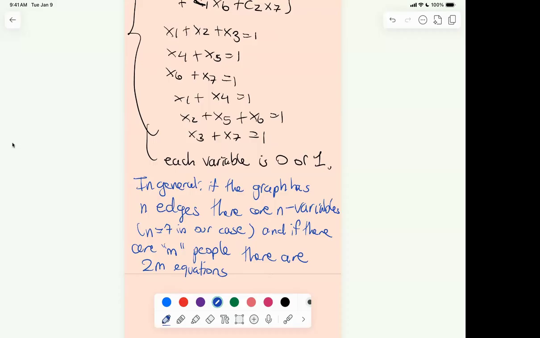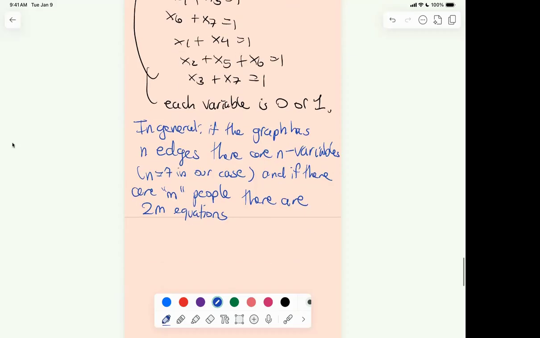Just to finish this part, the even more impressive thing, which the book does discuss, is this: to solve this as a linear program, you forget about the condition that the variables are integers. You relax it. The relaxation of saying that a variable is 0 or 1 is to say that the variable is between 0 and 1. So you just replace each variable to be in the interval 0 to 1.